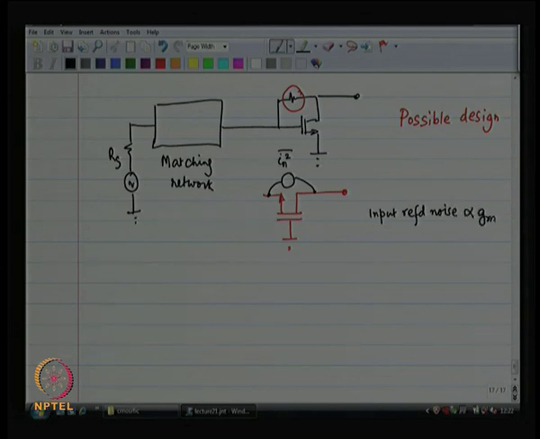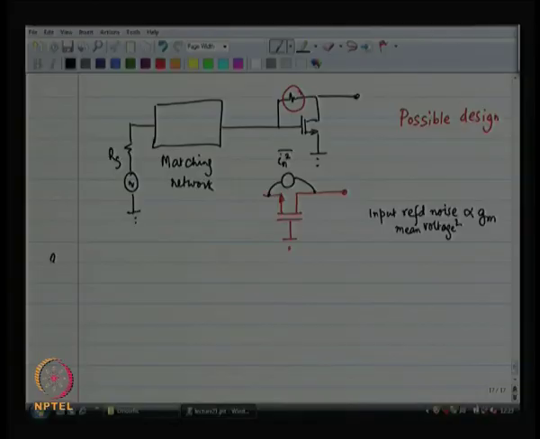Okay, this is not something which is very desirable. If I increase GM, you saw in the previous lectures that the gate referred noise of the MOSFET was 8 by 3 kT divided by GM.